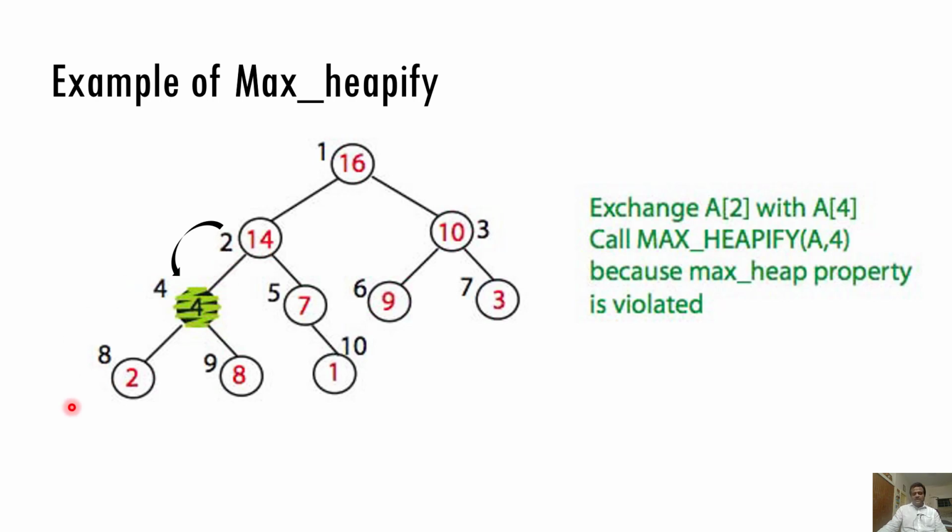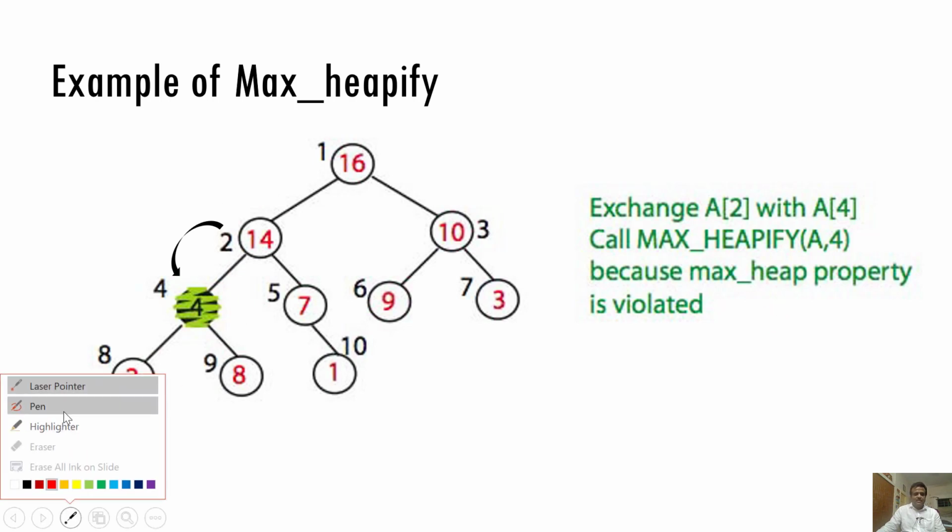Now this subtree was max-heapified, but a new member has joined in that subtree at the root, so that may again violate the max-heap property. So, again we have to call max-heapify at the index that was swapped with that particular i.